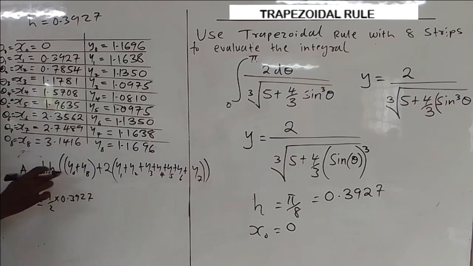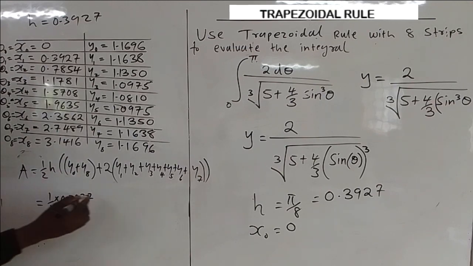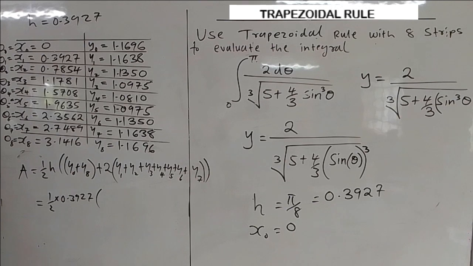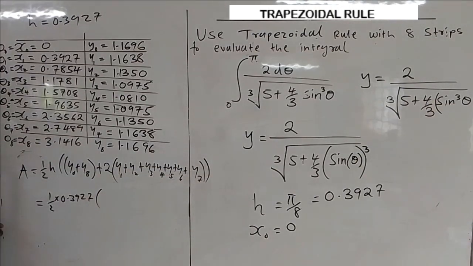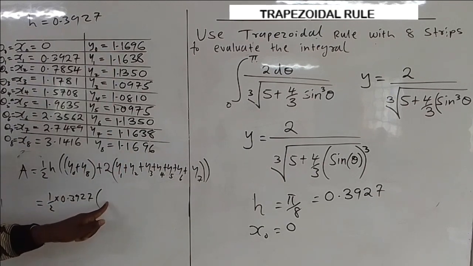How many brackets are opening? If you put one opening bracket, you get the whole of it wrong, meaning you'll be getting half h of this only. Here you must have the bigger bracket for the outer and the bracket for the inner. That's why clever people normally add this first and put the value here to avoid that confusion.